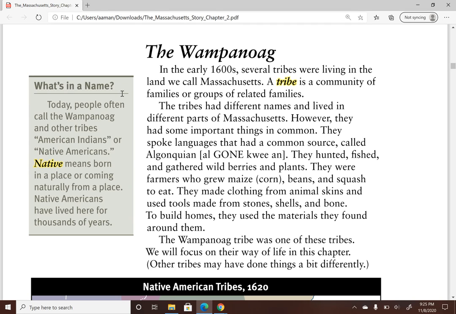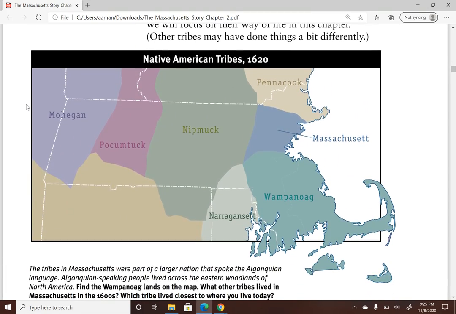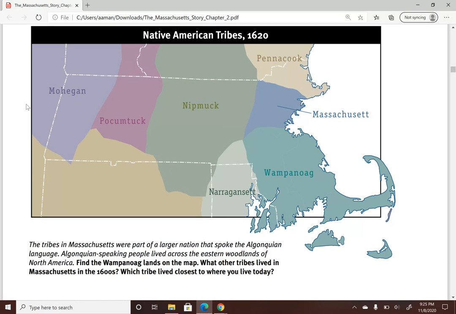What's in a name? Today, people often call the Wampanoag and other tribes American Indians or Native Americans. Native means born in a place or coming naturally from a place. Native Americans have lived here for thousands of years. Here's a map: the Native American tribes in 1620.